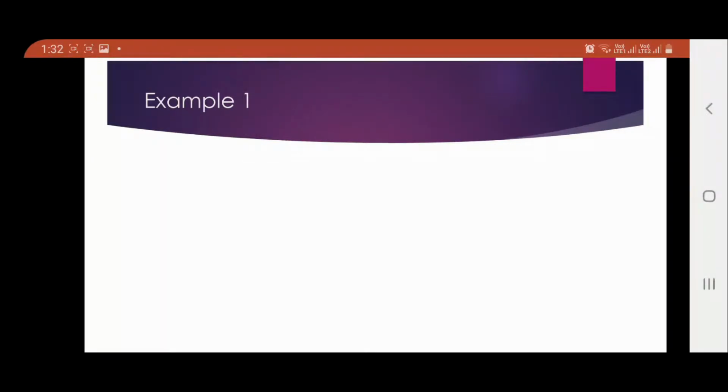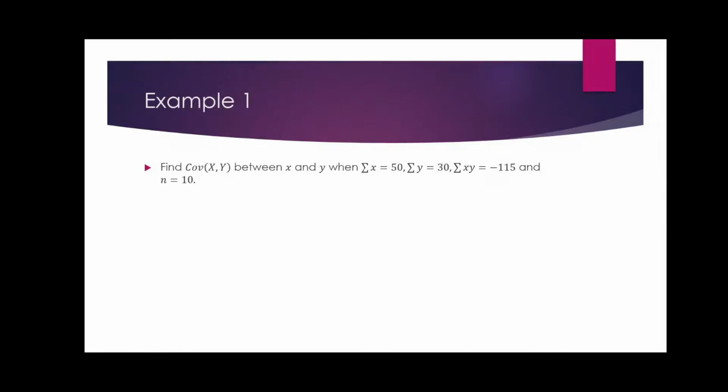We start off with the first problem. In the first problem we have to find the covariance of xy, where the sum of x is given as 50, the sum of y is given as 30, the sum of xy is given as minus 115, and the number of observations, that is n, is given as 10.